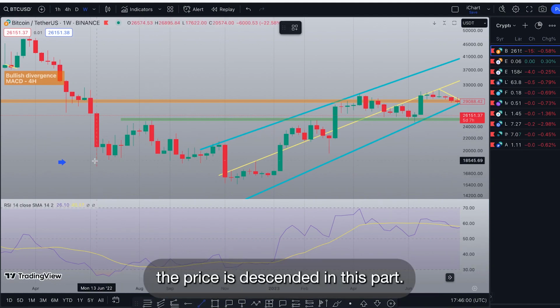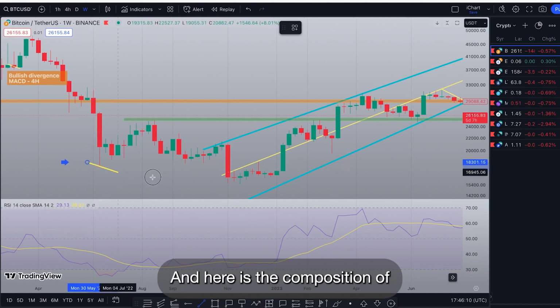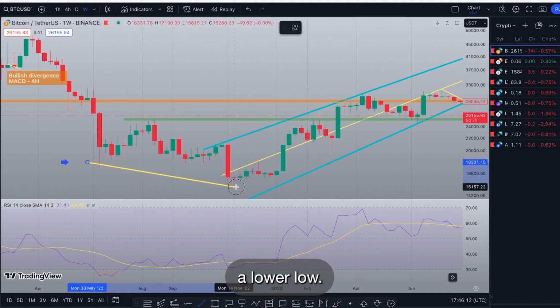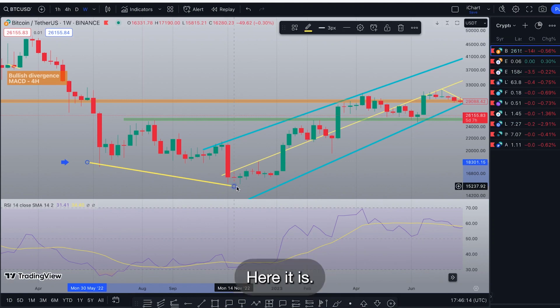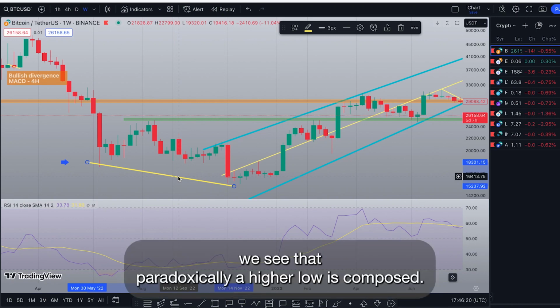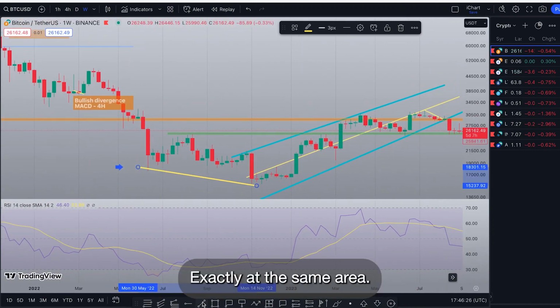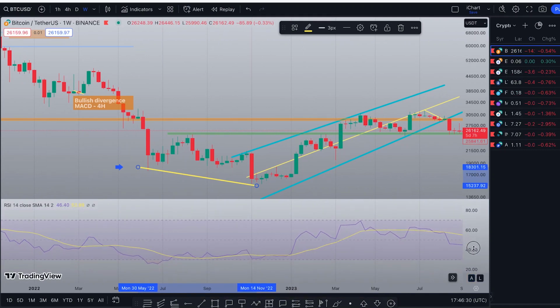We see that the price has descended in this part, and here is the formation of a lower low. But if we look at the RSI, we see that paradoxically, a higher low is formed. One second, let me draw it for you, exactly in the same area.